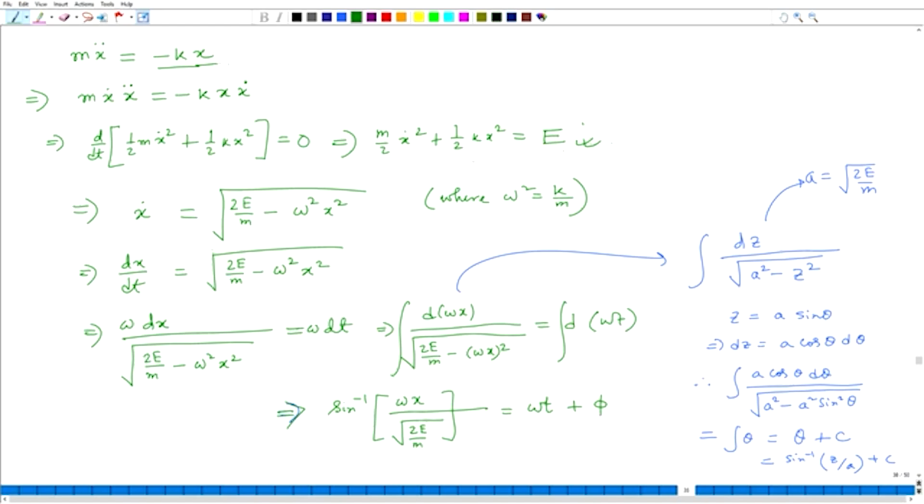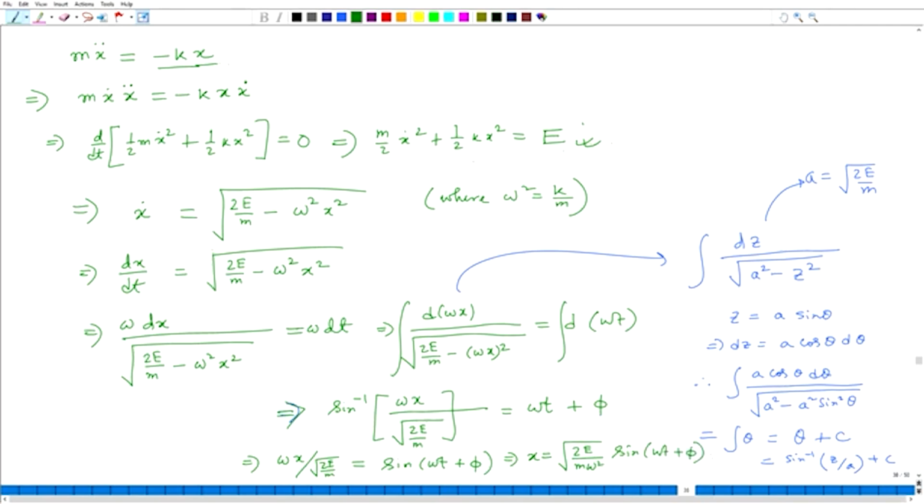And finally, I can write omega x by root 2E by m is equal to sine of omega t plus phi. And then finally, you can write x is equal to root 2E by m omega square times sine of omega t plus phi.